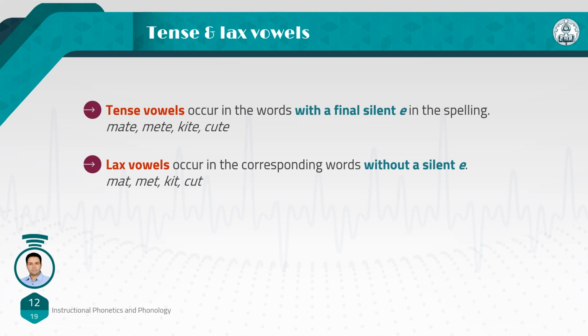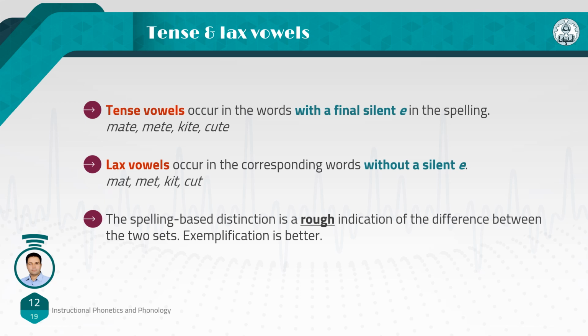In fact, I gave you these two definitions of tense vowels and lax vowels, but it is a spelling-based definition. This spelling-based distinction is a rough indication of the difference between the two sets. Exemplification is better, so I'll give you some examples in the next slide.